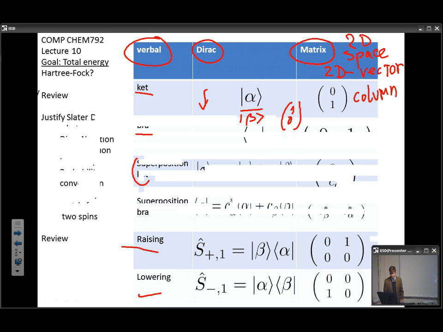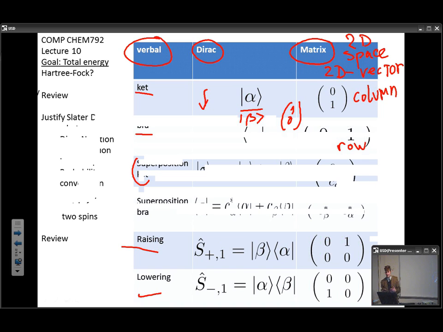In case we have a bra for the same quantum state, then it is translated into the language of vectors and matrices as a two-dimensional row matrix instead of a column.